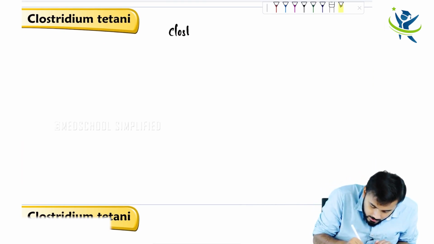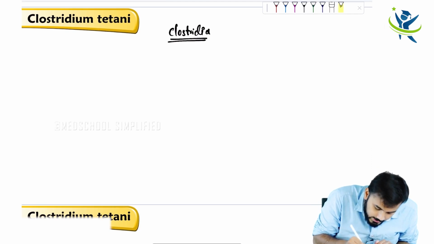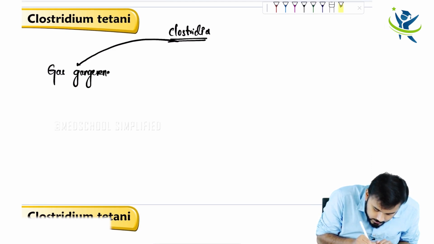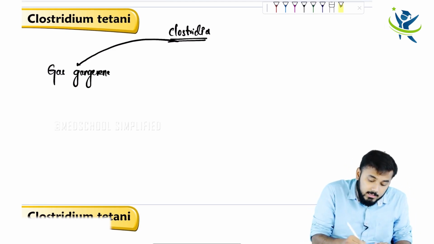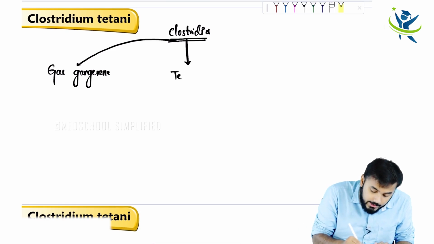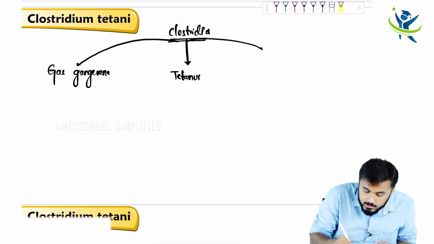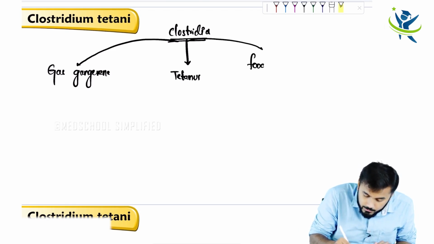So Clostridia: there are some Clostridia which cause gas gangrene, some Clostridia which cause tetanus, which you already know very well now, and some Clostridia which cause food poisoning.